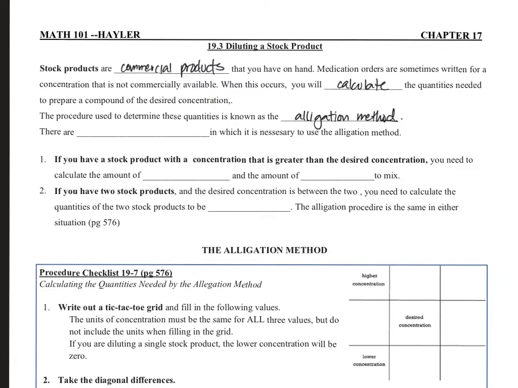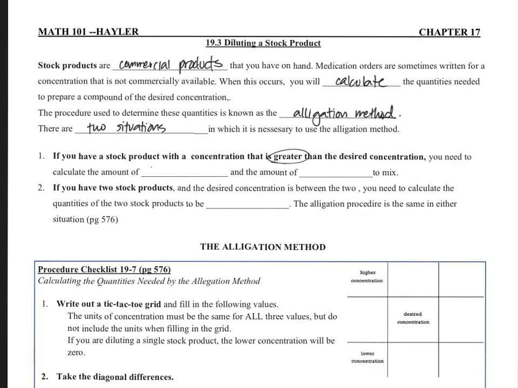There are two situations in which it is necessary to use the alligation method. First situation, if you have a stock product with a concentration that is greater than the desired concentration, you need to calculate the amount of stock product and the amount of dilutant to mix.